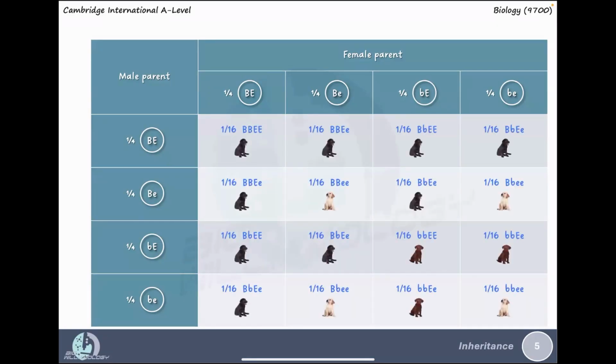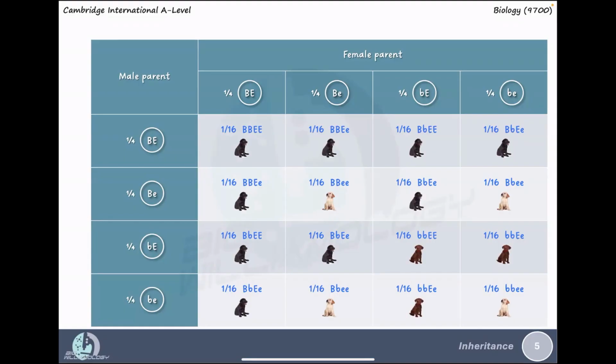So you can see that out of 16 possible combinations, 9 of them will be black dogs, 3 of them will be brown, and 4 will be yellow.